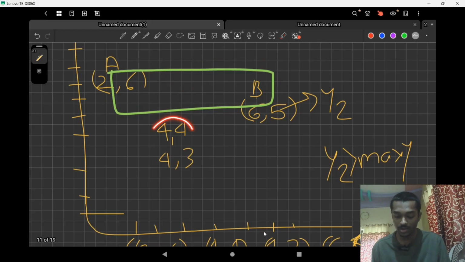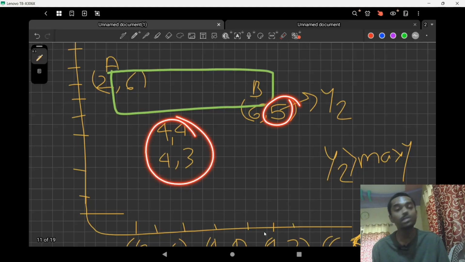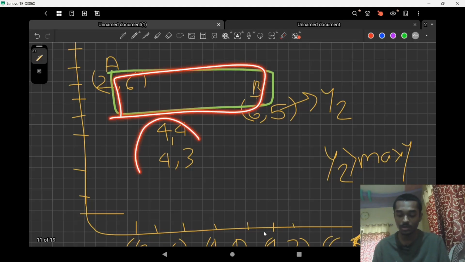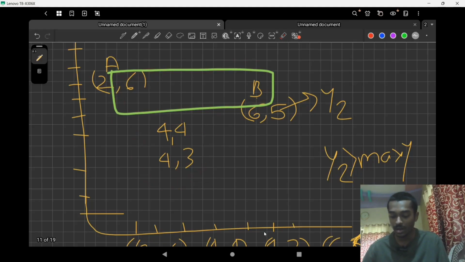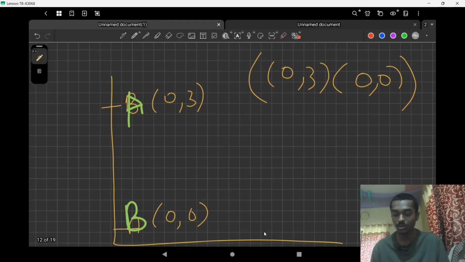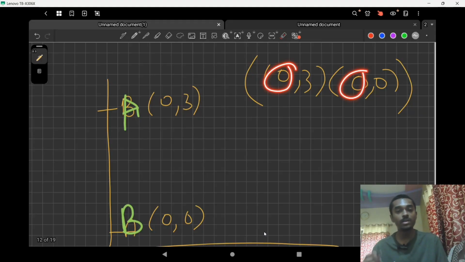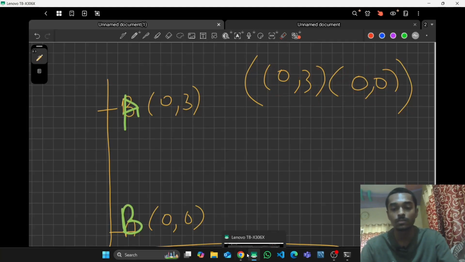So we keep track of our max y, and if our y2 is greater than the max y, that means the rectangle is above all these points. This is our second point, and the last is this edge case. If our x value is the same, then we have to sort according to our y value. So let's code the solution.